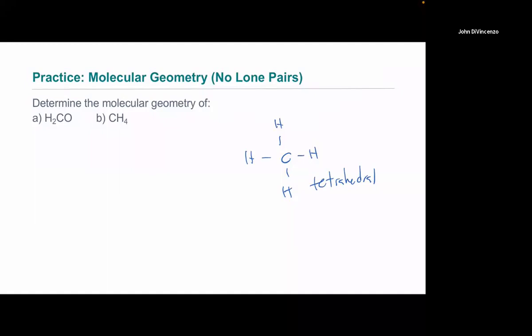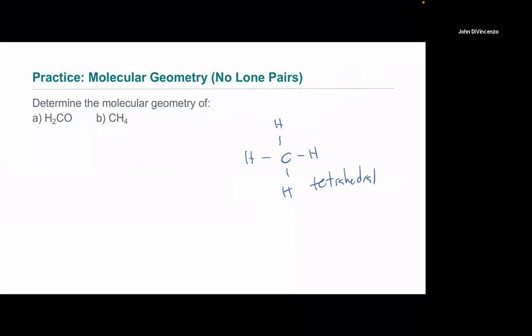The CH2O or H2CO, however you want to write it. Carbon's definitely the central atom. Sometimes the central atom is written in the center to give you an idea, but sometimes they're written first.